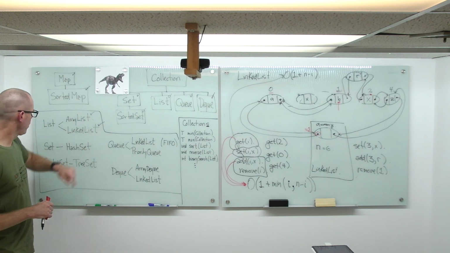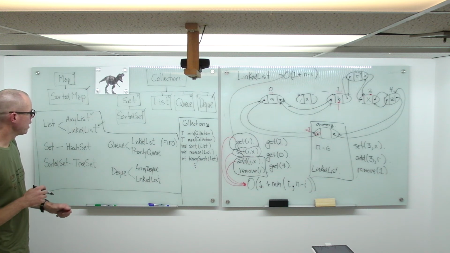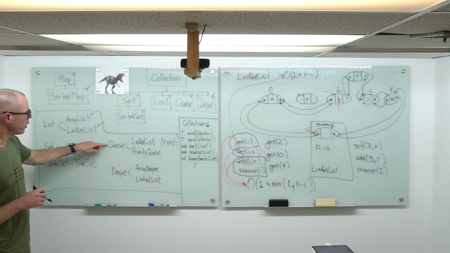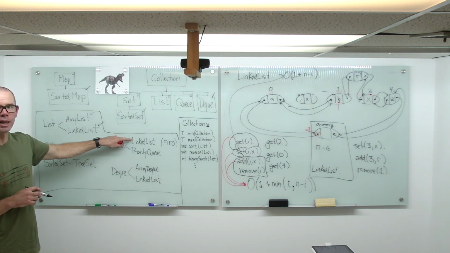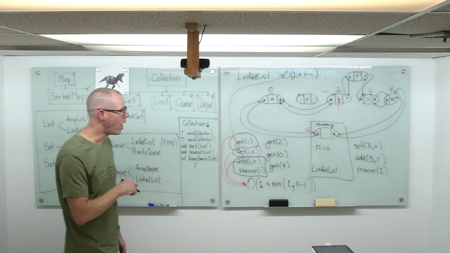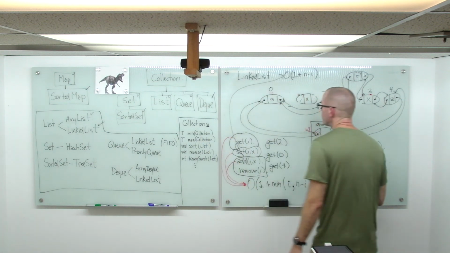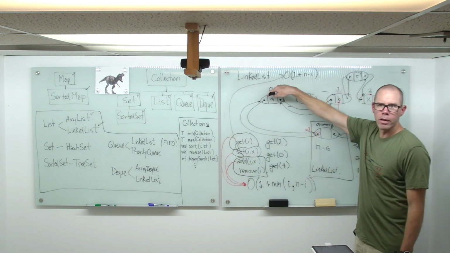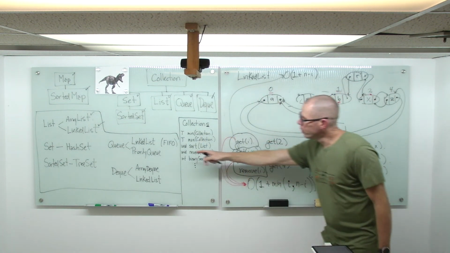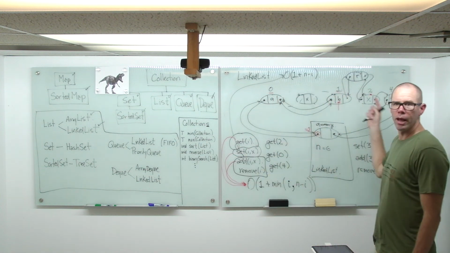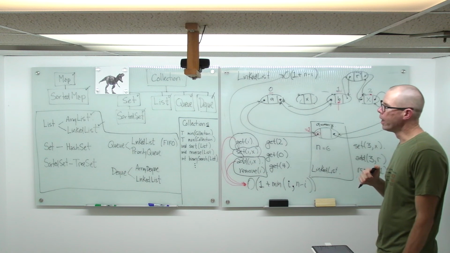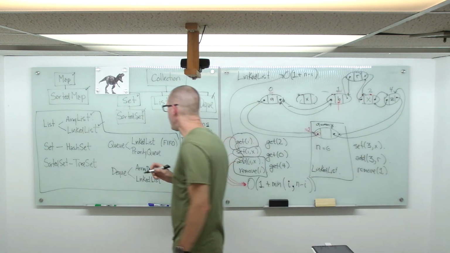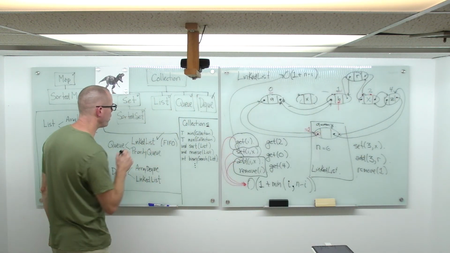And so here we can see a couple of things. One of the queue implementations is as a linked list. Why? Because a FIFO queue adds things at one end and removes them from the other end. Linked lists do that really well. So that's why a linked list also implements the queue interface.